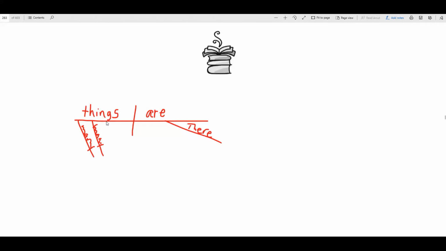Now, I'm not sure why, but they have common, because common and useful, I'm just going to put this for and. They put common. I'm guessing these must be adjectives. They're just compound adjectives. And then useful.